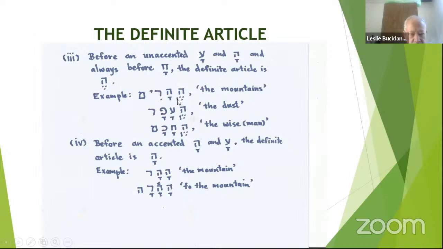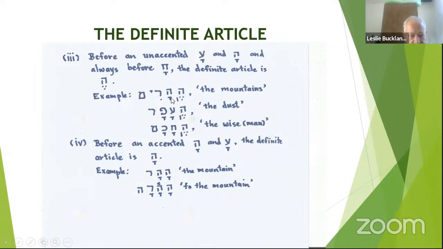Here are some examples. He-harim. Harim means mountains. And when you put the definite article before this syllable of the word, ha, it doesn't have an accent. There is no arrowhead over it. So before an unaccented ha, the definite article is he.